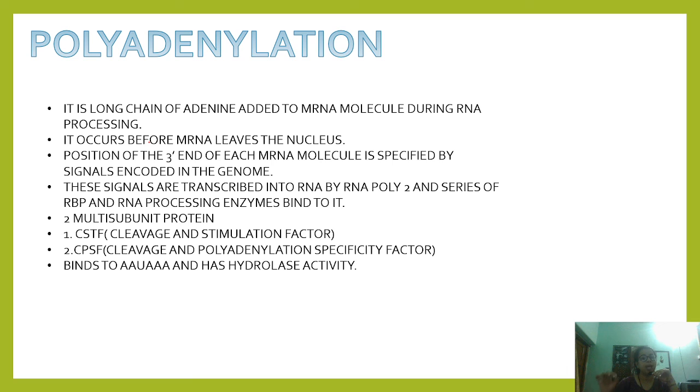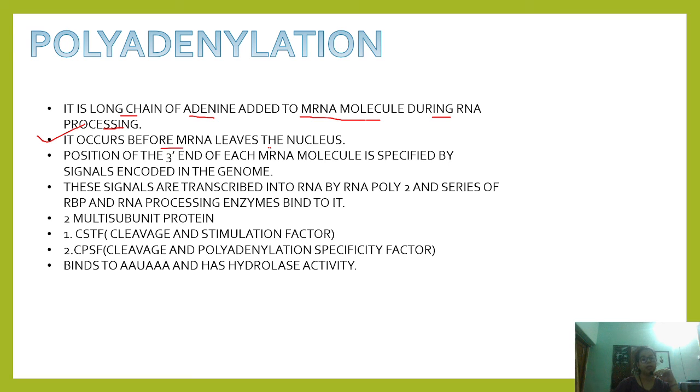What is polyadenylation? That is the addition of a poly A tail to the 3' end of the mRNA sequence. It is a long chain of adenine. Adenine is a nitrogen base which is added to the mRNA molecule during RNA processing. When does it occur? This is very important.